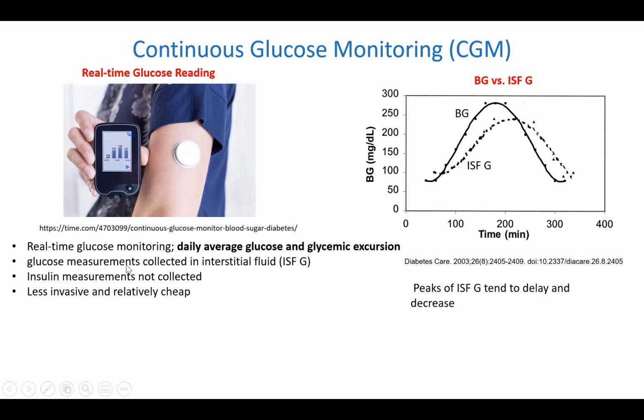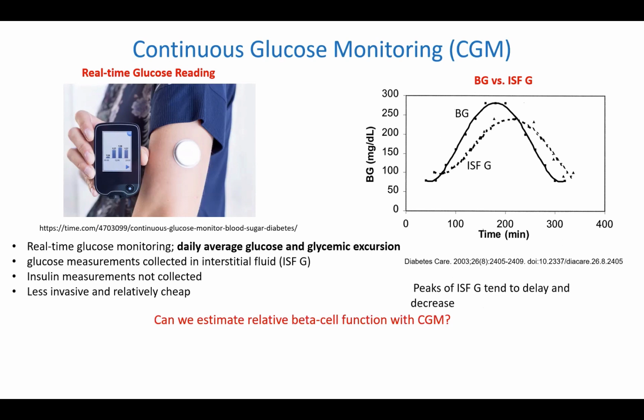Glucose measurement is collected in interstitial fluid, so I'll denote it ISF glucose, and insulin measurement is not collected. This one is less invasive and relatively cheap. The right panel shows a typical blood glucose and ISF glucose pattern. As you can see, the peaks of ISF glucose tend to be delayed and decreased.